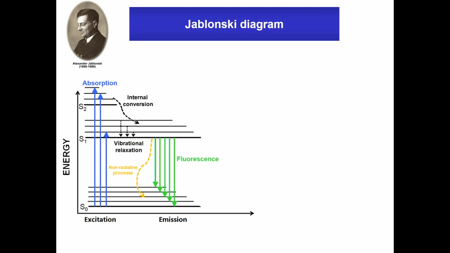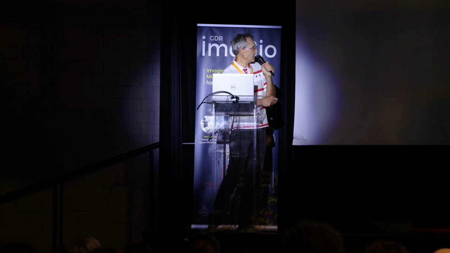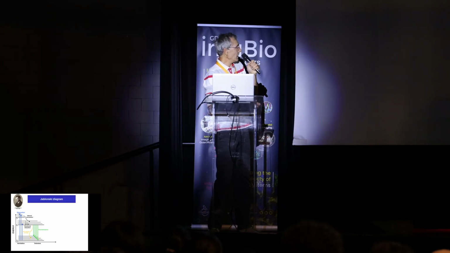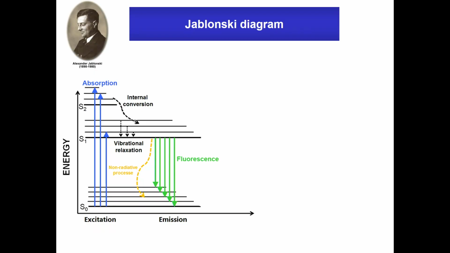Upon absorption of a visible photon of sufficient energy, the system can jump immediately to a so-called excited electronic state, S1 or S2. From there, very rapidly, there is a combination of two processes. One is called internal conversion, and the other is called vibrational relaxation, which brings the system to the lowest vibrational level of the first singlet electronic excited state.